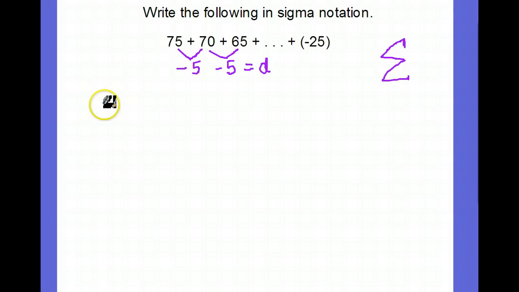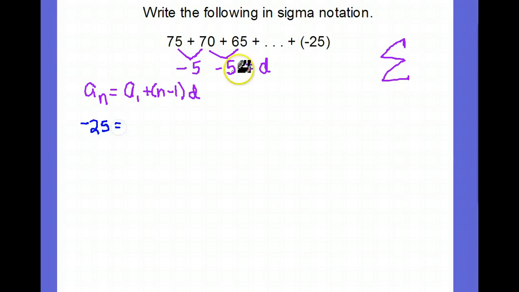The next thing we can do, all at once, is use the explicit formula for an arithmetic series, and that will give us both the number of terms if we solve for n, and our explicit formula. So I'm just going to plug in everything we know. a sub n is our final term, which is -25.